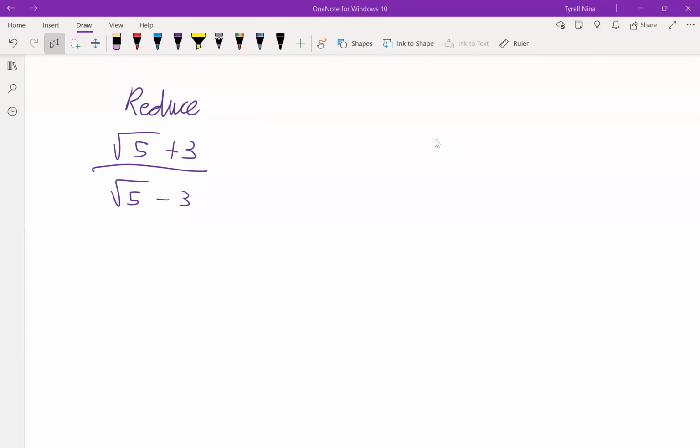So in this case here, to get rid of a surd, you multiply by the conjugate.